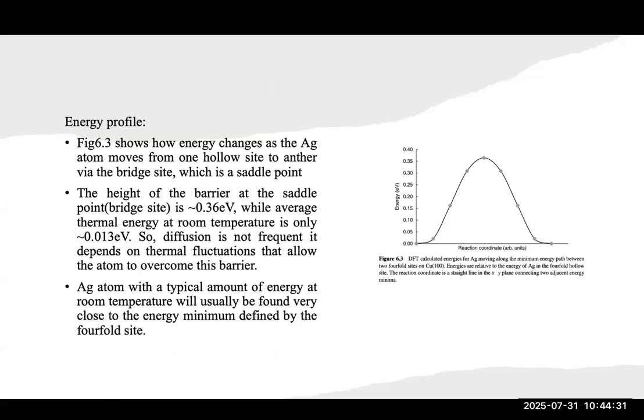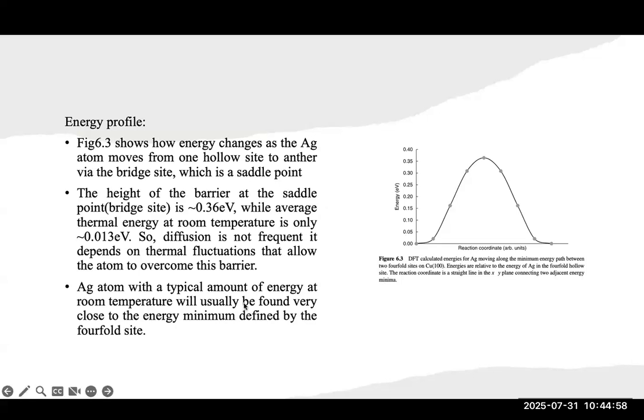So this diagram shows the relation between the energy and the reaction coordinate. We are just assuming one direction, one-dimensional. In this diagram, we can see that the calculated energies for the silver are moving along the minimum energy path between the 244 sites of the copper.